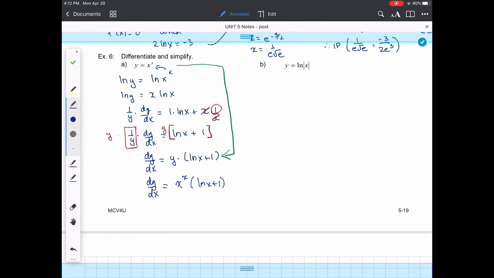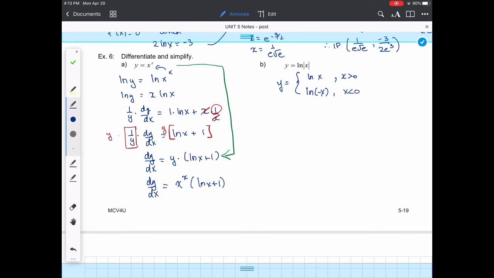And the last one, another good type of test question. In this case here, we have an absolute value function. So we have to break it down into two parts. So we can say that y is going to be ln of x, where x is greater than 0, and ln of negative x, where x has to be less than 0.